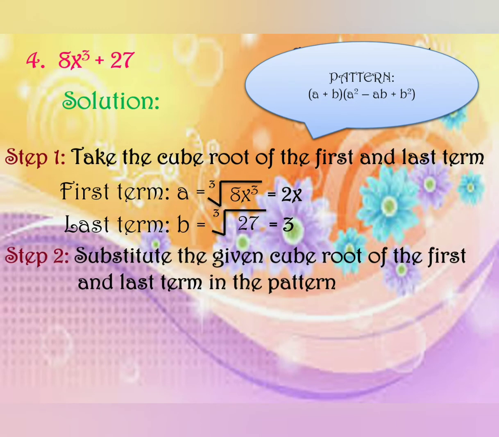So the cube root of 27 is 3. Step 2, substitute the given cube roots of the first and last term in the pattern. So a equals 2x and b equals 3.